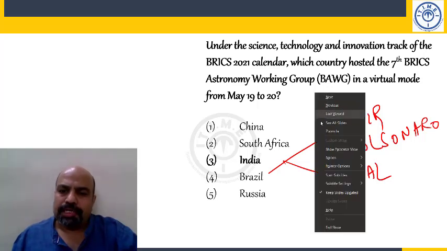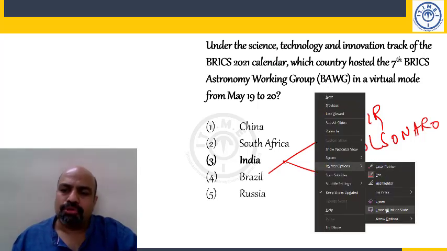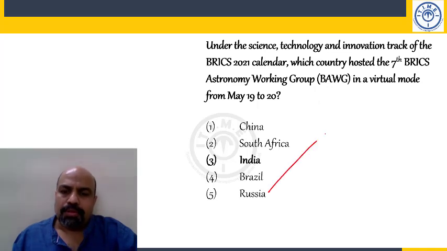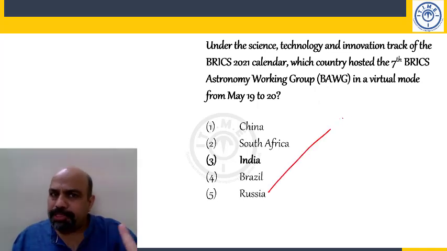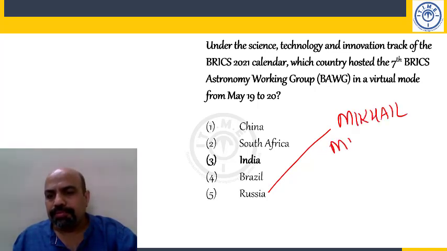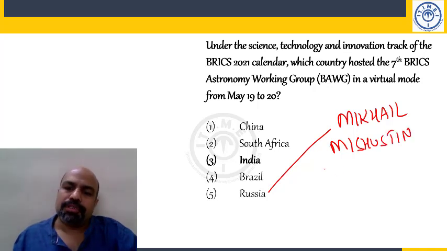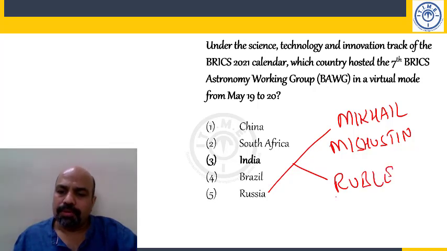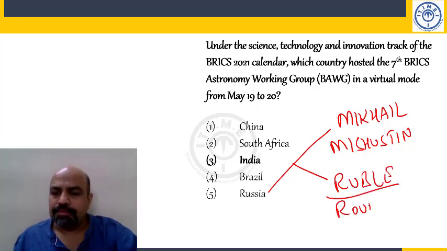Russia. That's how we pronounce it: Rush and R, 2 sounds. I'm going to talk about the Prime Minister, Mikhail Mishustin. Currency is ruble.